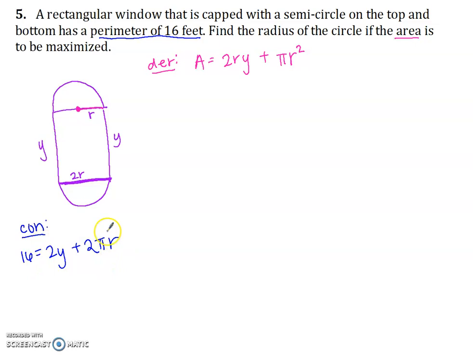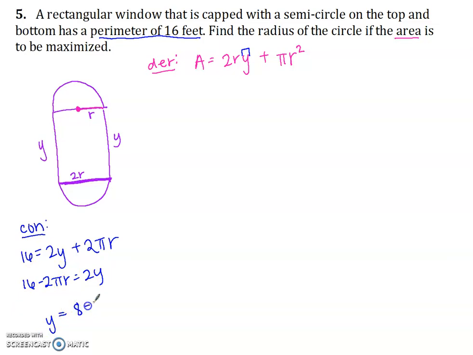From here, I'm going to solve for one of the variables, and this time I'm going to solve for y, because if I look at this equation, there's two r's, but only one y. It's always easier to solve for the variable that there's just one of. So first I'm going to subtract 2 pi r, and then to solve for y, I'm going to divide everything by 2.